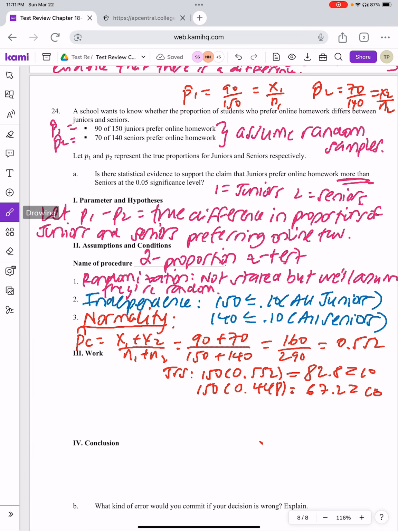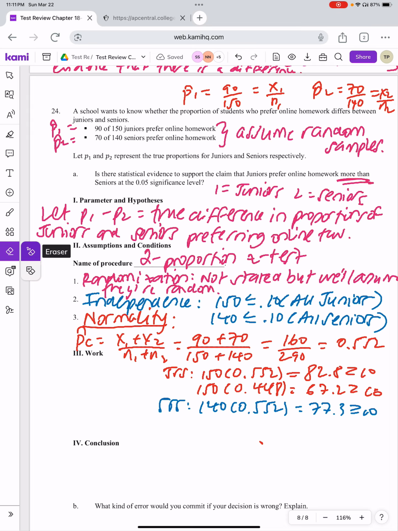And you check that for the seniors as well. So for seniors, it's going to be 140 times 0.552. That's going to be 77.3. That's bigger than 10. And then for seniors, it's going to be 140 times 0.448.